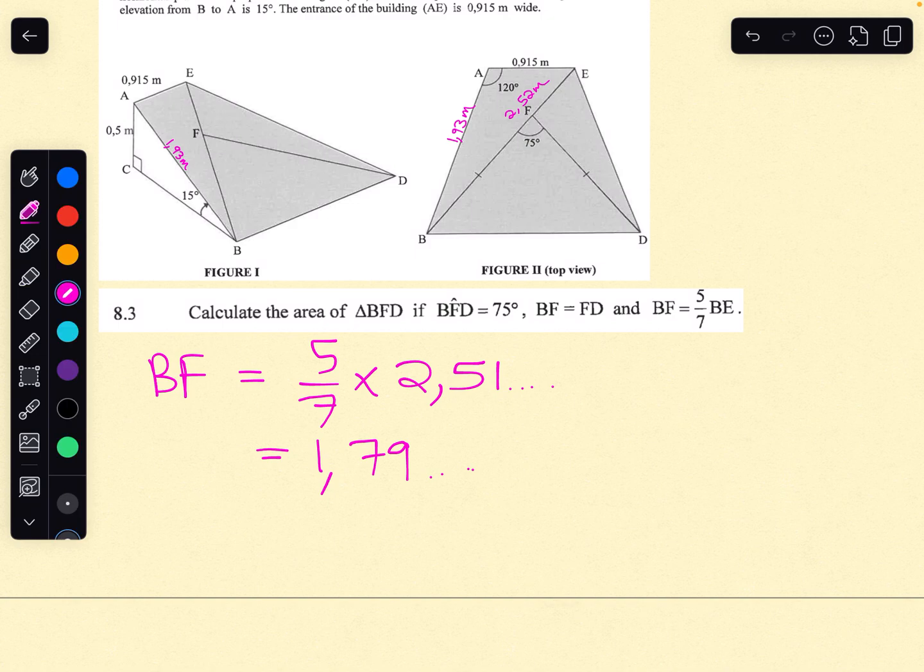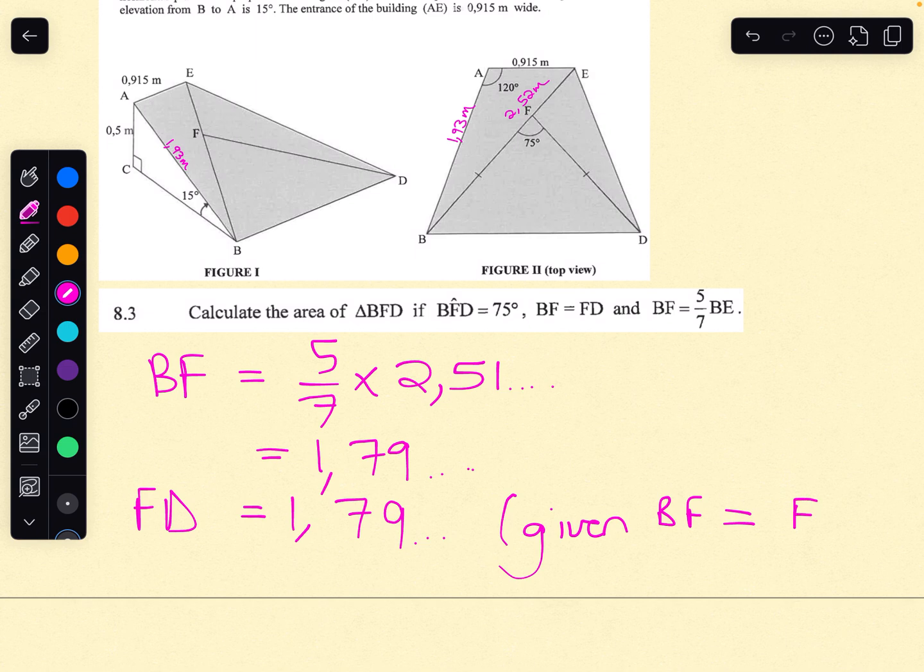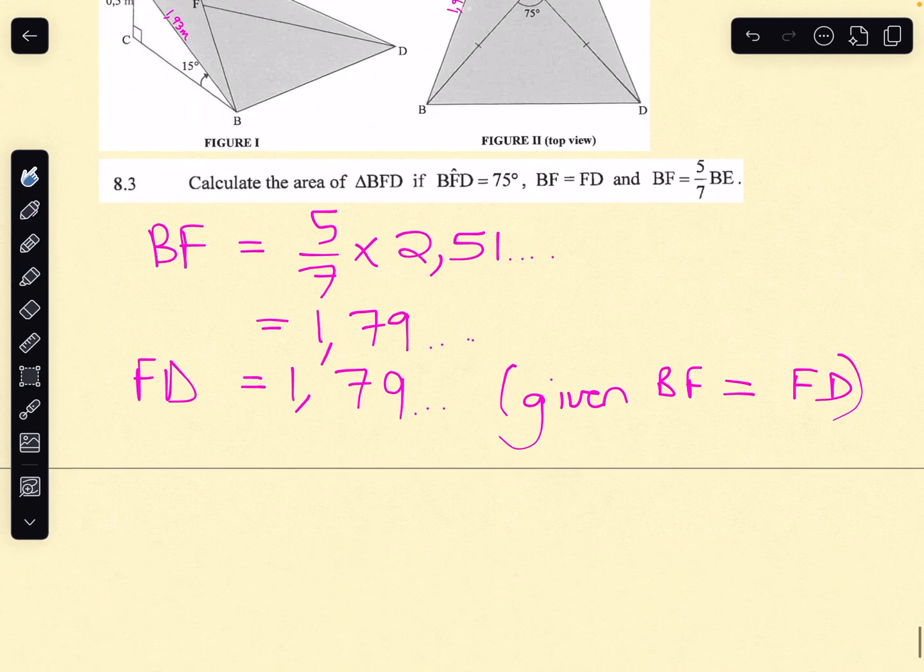And so we can say that FD is also equal to 1.79, because we were told that BF is the same as FD. Okay, so now we can work out the area.